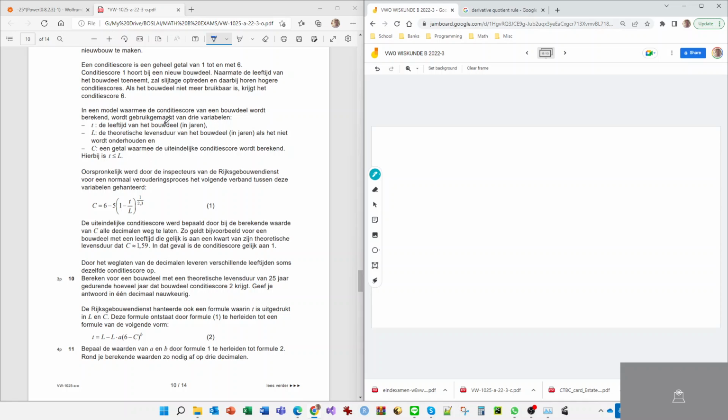Yeah, so of all the long story here, the problem is you still need to understand that the capital L is 25, and T is the age of the building, which they are asking for.